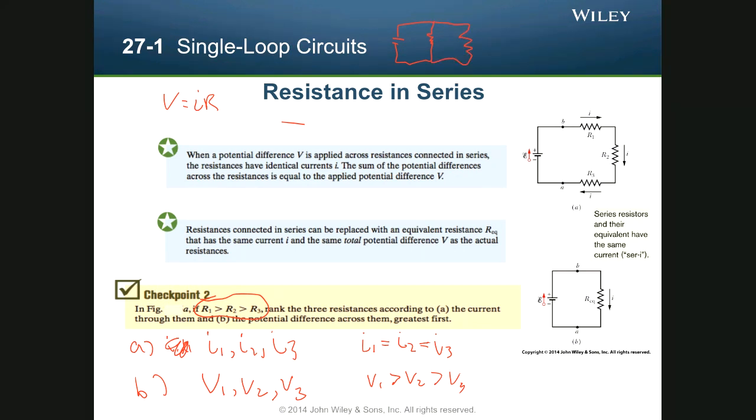Now if you have the current going here, some of the current has to split off to go down this direction, and some has to split off to go down in that direction. If you remember, we had that junction rule that we'll have to start applying to multi-loop circuits when we get to those. I think we'll introduce them a little bit, but we'll really dig into them after the break.